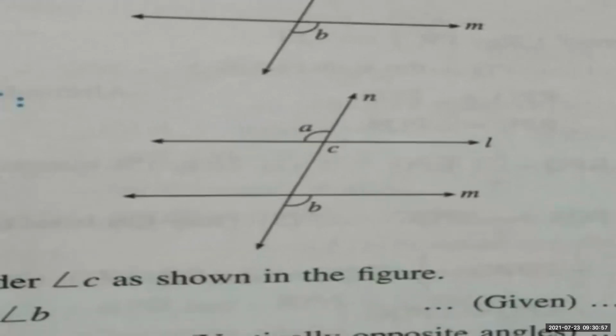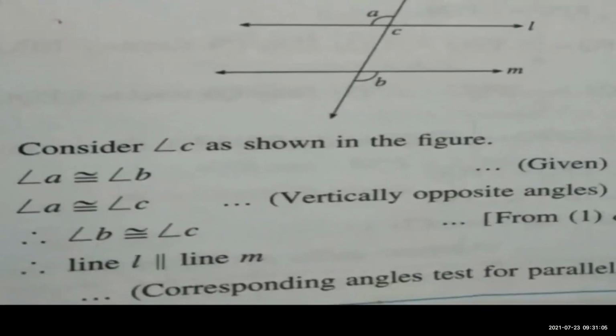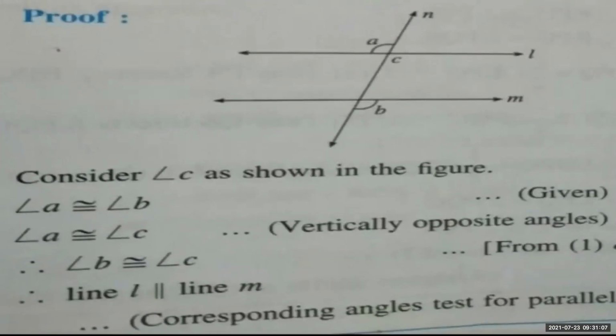Okay. So the same I wrote here in the steps for the proof. So consider C as shown in the figure. Now angle A congruent angle B, that is given to us. Okay.